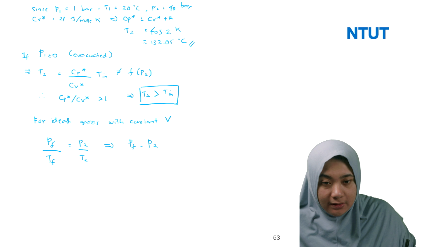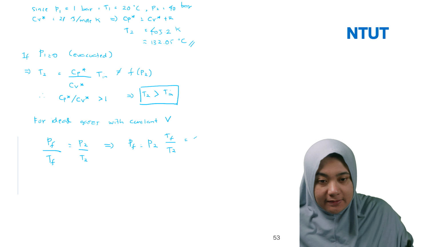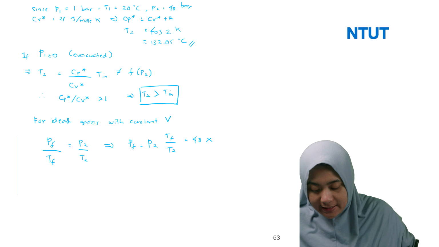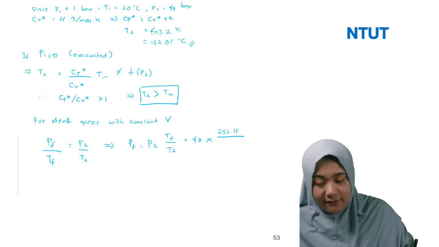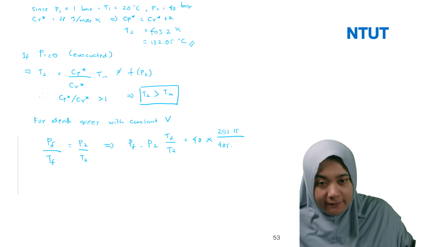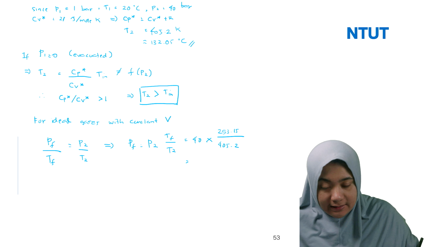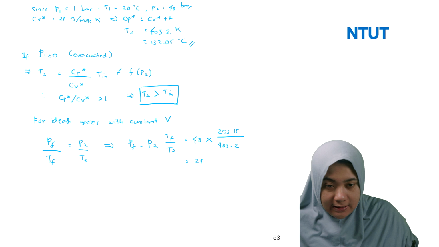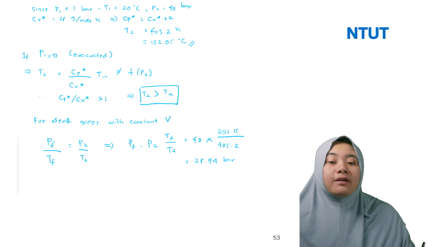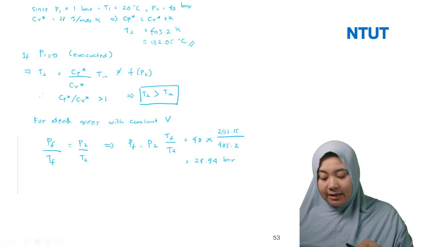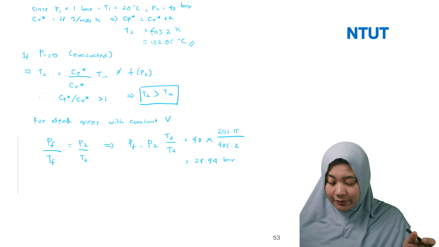P2, you have Tf divided by T2. So here it means 40 multiplied by 293.15 K divided by 405.2 K. So the pressure is equal to 28.94 bar.